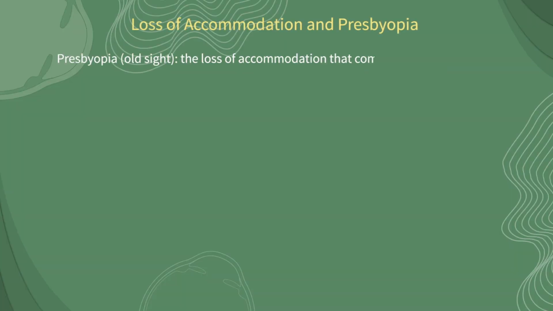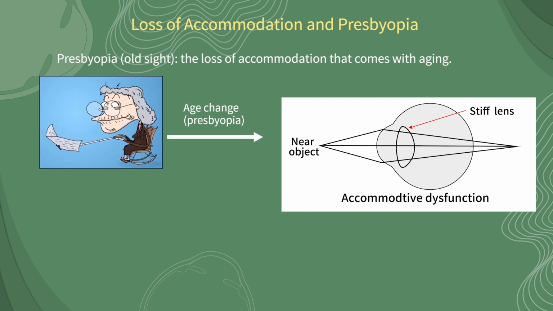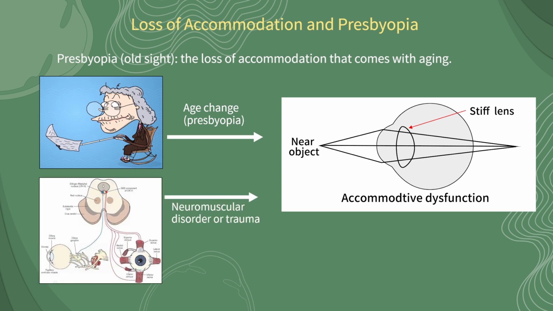By definition, presbyopia, also called old sight, refers to the blurred near vision due to the loss of accommodation that comes with aging. But remember, besides the aging change, other less common causes of accommodative dysfunction include disorders of the third nerve and the ciliary ganglia, as well as drug effects such as atropine and anti-Parkinsonian drugs.